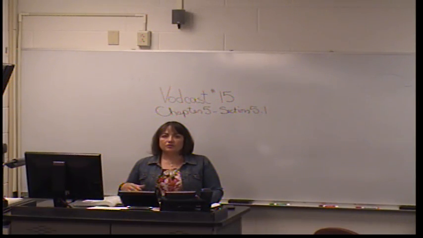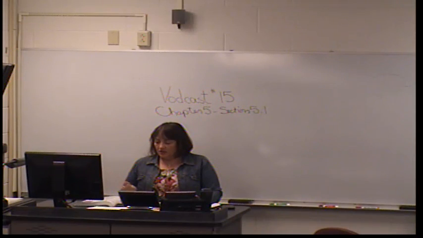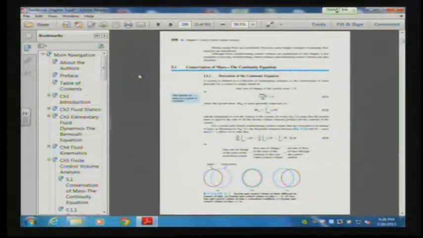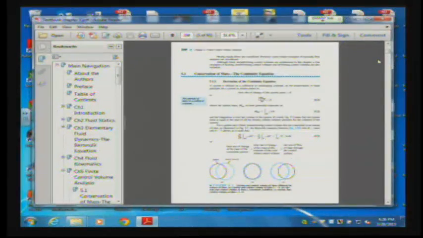Chapter 5 is an approach of fluid dynamics, which is referred to as finite control volume analysis. And in your textbook, what you'll see is that when we talk about a control volume, what we're really talking about is a fixed volume in space.